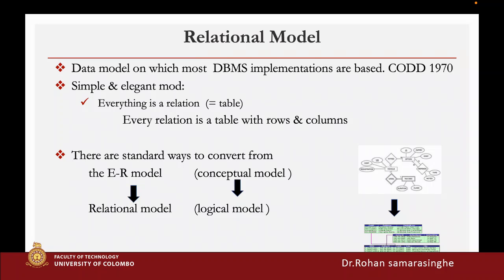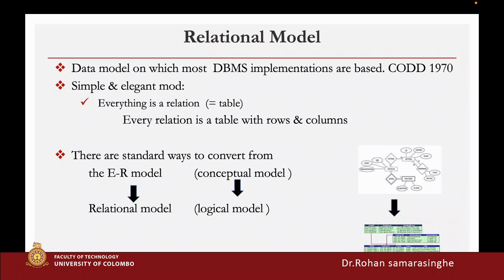There may be some different data models, but the most commonly used and famous one is the relational model, because it is very easy to understand and can be modified very easily. The data model on which most database management systems are based is the Codd model introduced in the 1970s. In this simple and elegant model, everything is a relation.